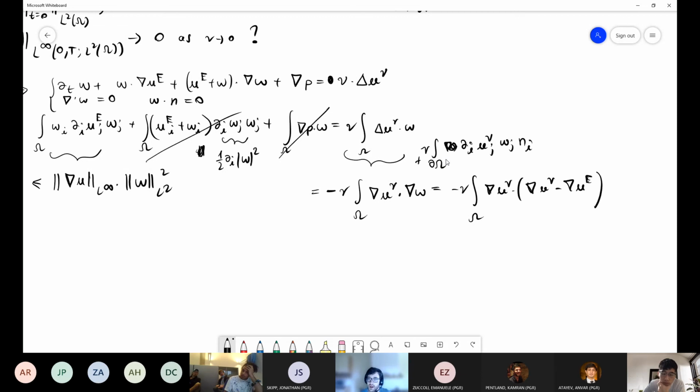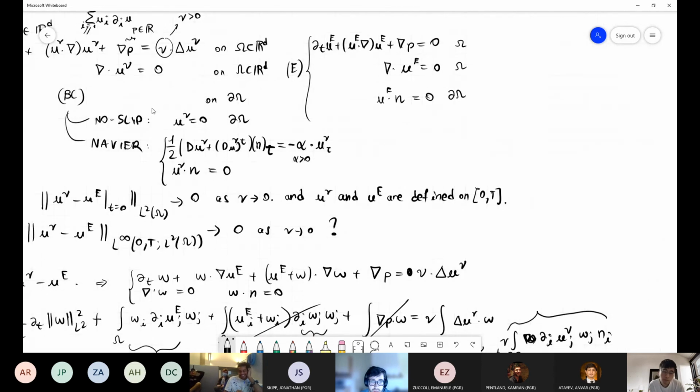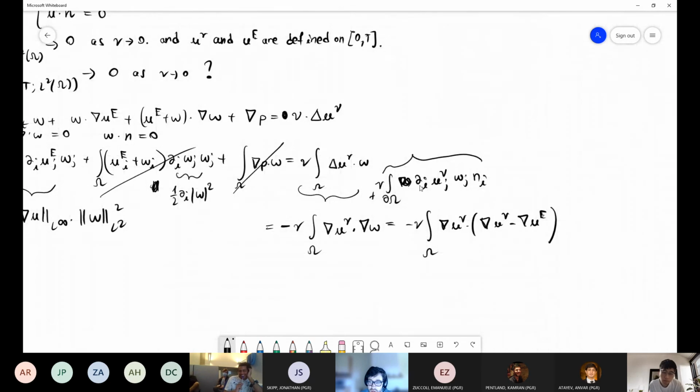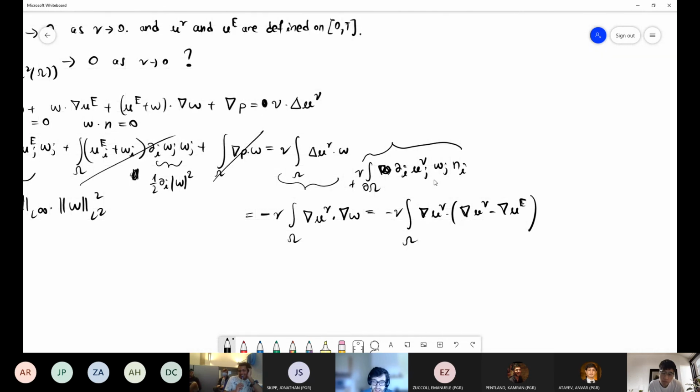So that's the main issue, right? This term here does not disappear because the normal vector is multiplied by dy u_j nu, and this does not vanish because we already know that u nu vanishes at the boundary, but we don't know that the derivatives vanish at the boundary.